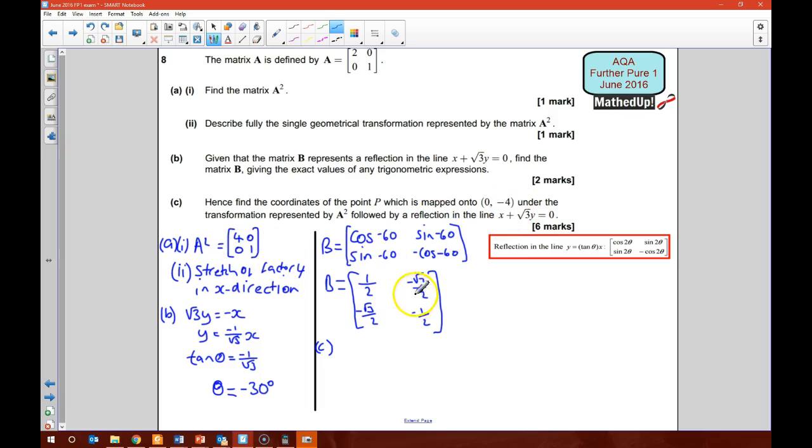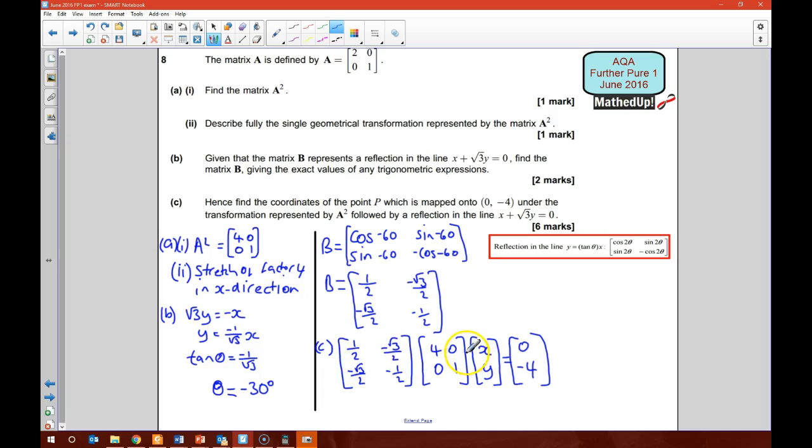If I want to do this followed by this, I need to do B multiplied by A squared, multiplied by the point that we're trying to find, which we'll call x, y, and that gives 0, negative 4. So this is the equation that we're going to try to solve.